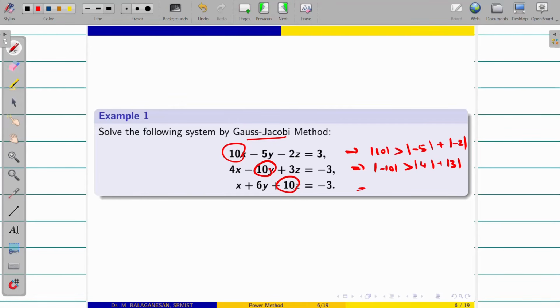So it's satisfying. In the third row, modulus 10 is greater than, here all are 10, 10, 10. It's not necessary; in other problems the coefficients will vary. Here modulus 1 plus modulus 6. So all satisfy the diagonally dominant condition, so we can use the Gauss Jacobi method.